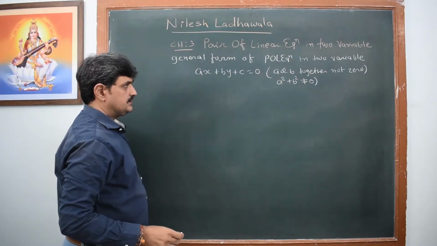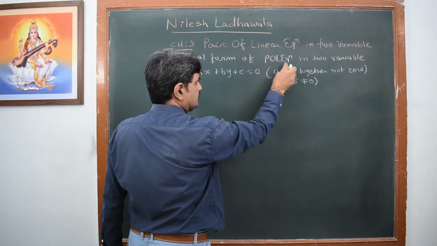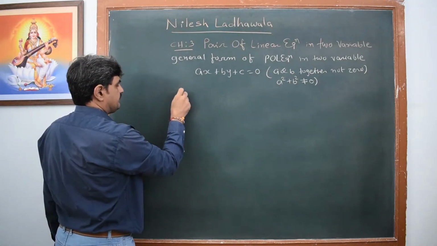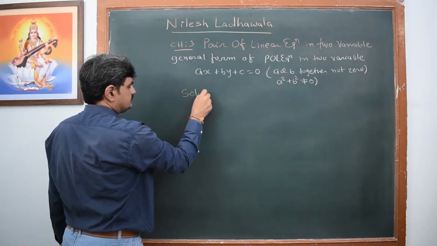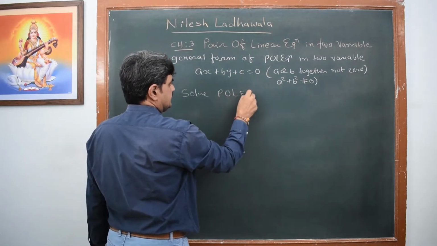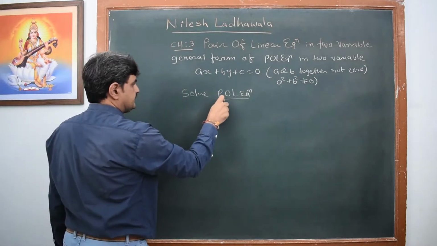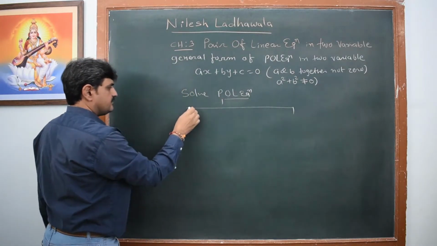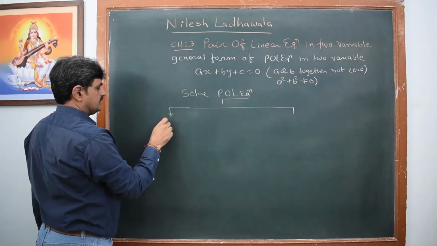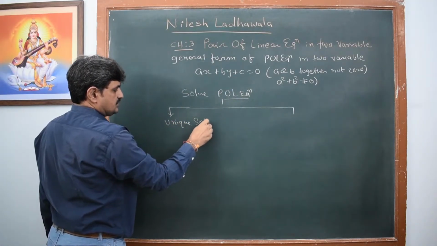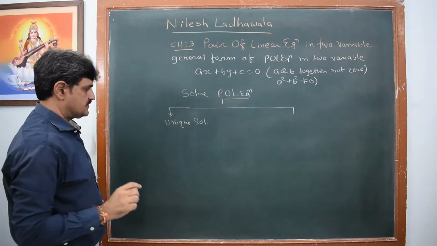Now we have a pair of linear equation and we have to solve the pair of linear equation. If I want to solve it, then I have three possibilities. First, that the pair of linear equation has a unique solution, that means only one solution.